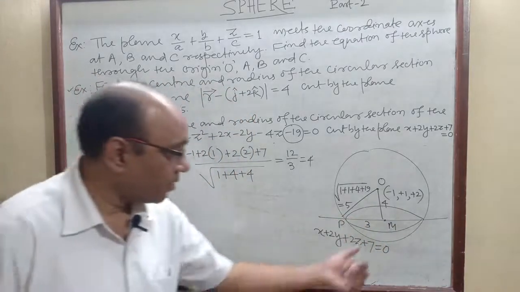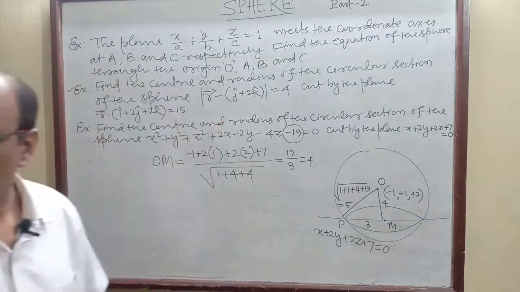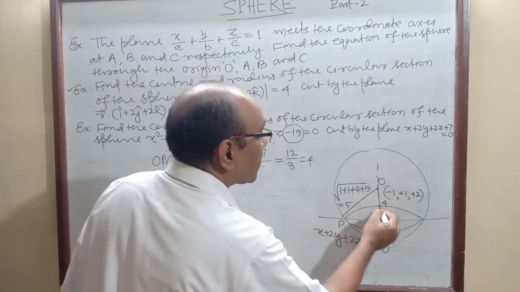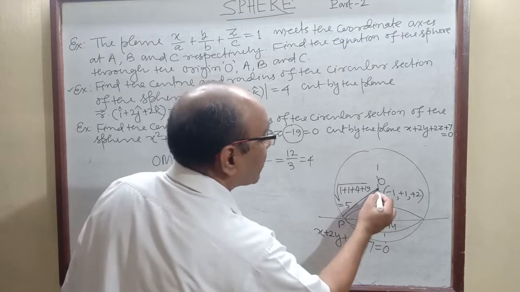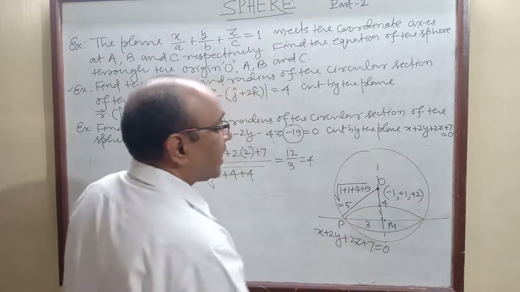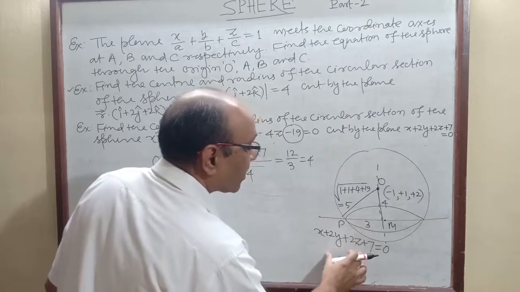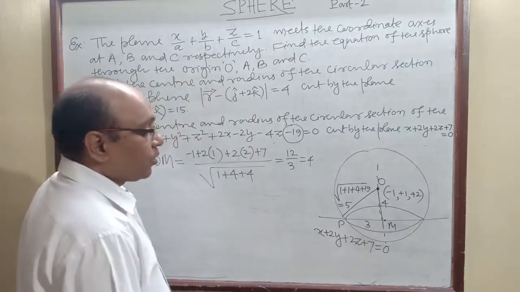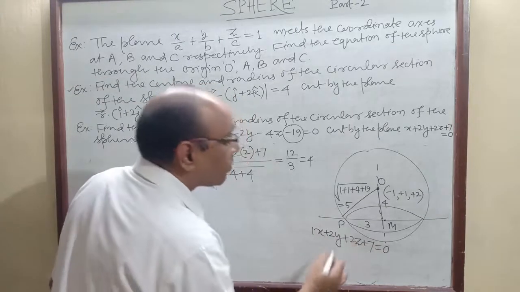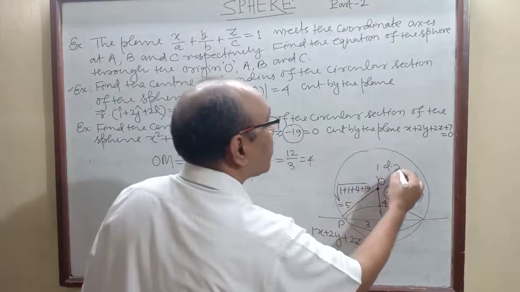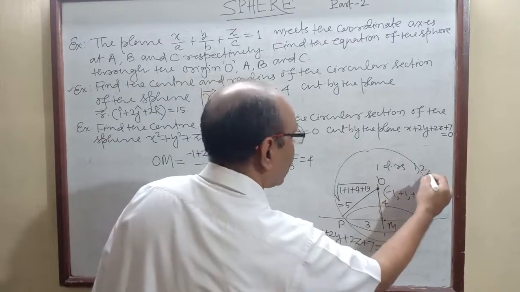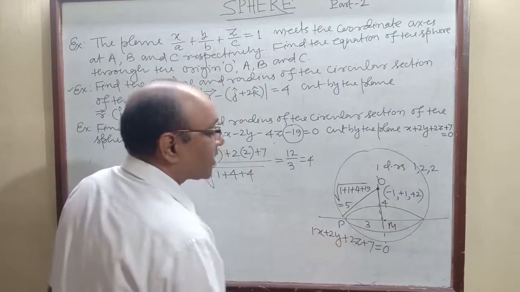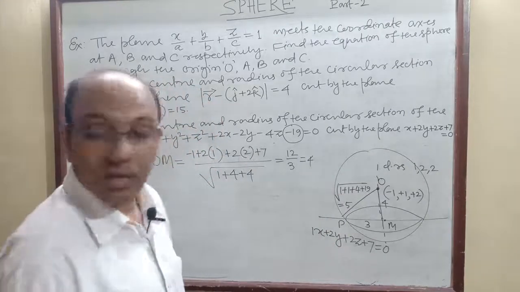Now the main thing is how to find the center of this circular disc. Can we write the equation of this line? This line passes through this point and is perpendicular to this plane, x + 2y + 2z + 7 = 0. So 1, 2, 2 are the direction ratios of the normal to the plane. We know that if the equation of a plane is written in this way, then the coefficients of x, y, z are the direction ratios of the normal to the plane.